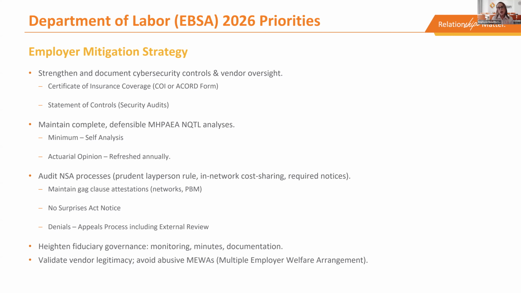Some of the PBMs will post a general one on their websites. So at a minimum, go out and find that. But please retain all of those. The latest guidance also said have a copy of the contract, but I don't think that's easy to do. So at a minimum, have your attestations.